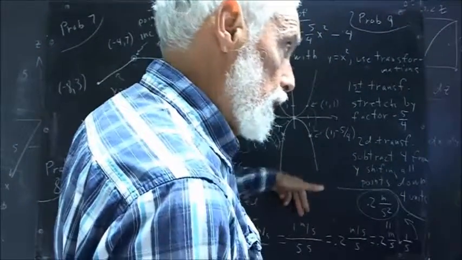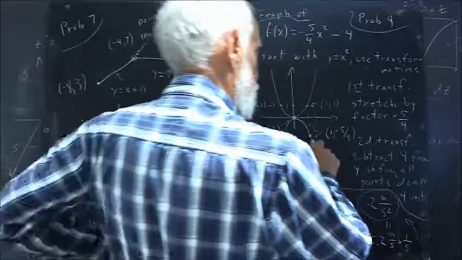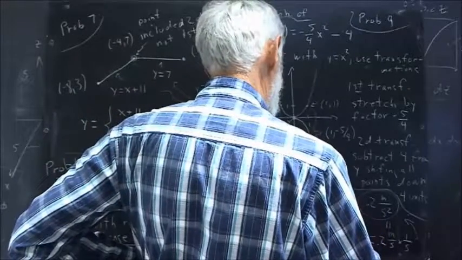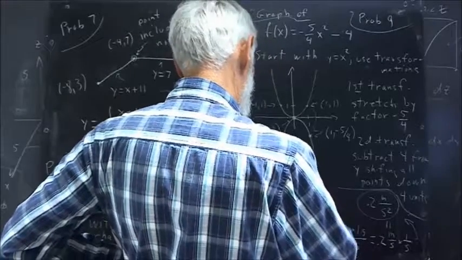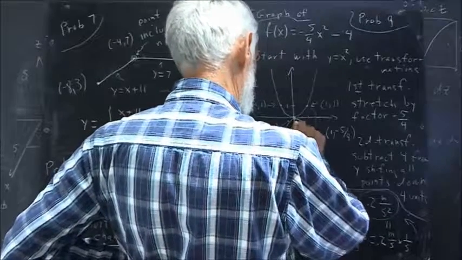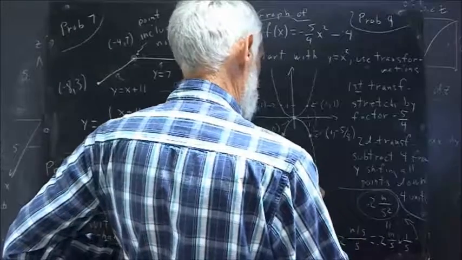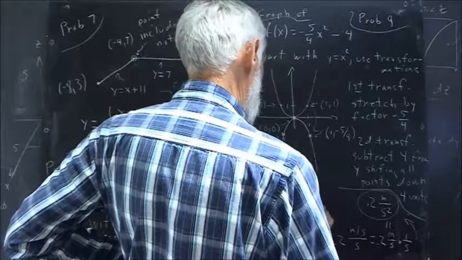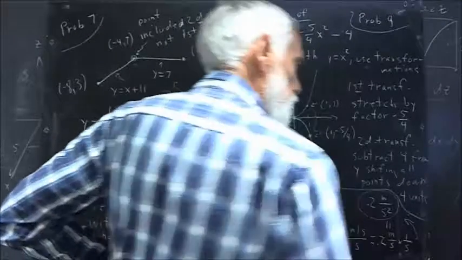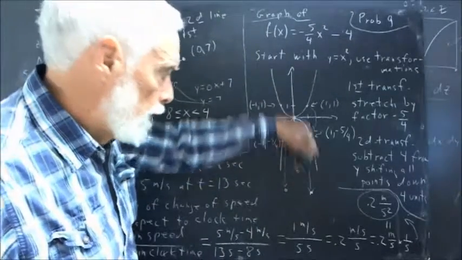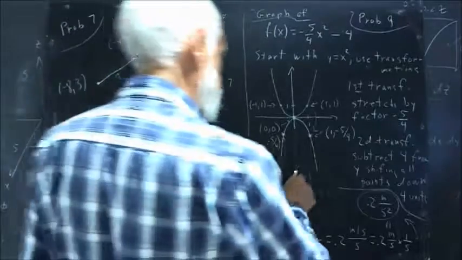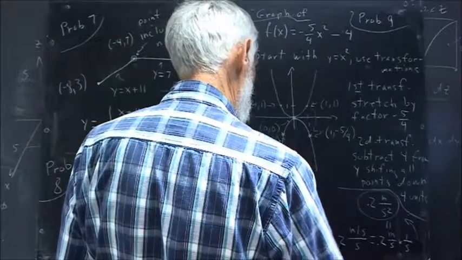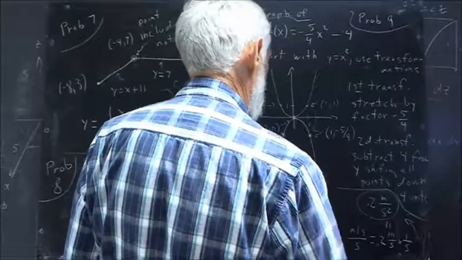Okay? So that's going to be a vertical shift. This point moves down 4 units. That's not enough. 4 is a little bigger than that. This point moves down 4 units, and this point moves down 4 units. So our 3 points move down here. Every point moves down 4 units, and our graph looks like this.